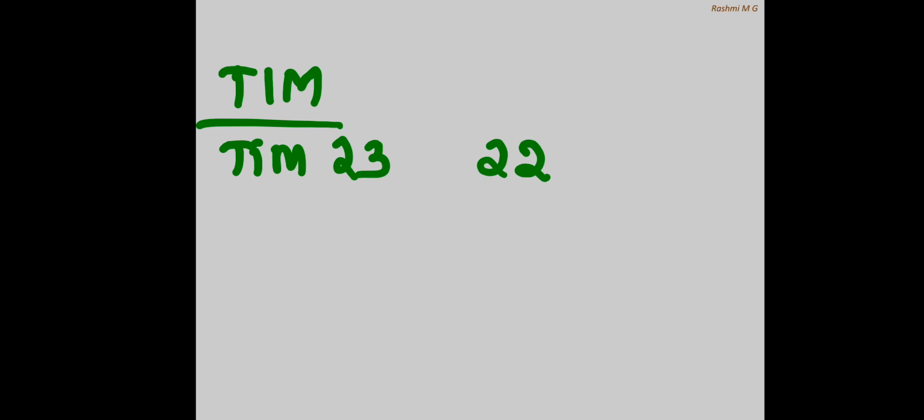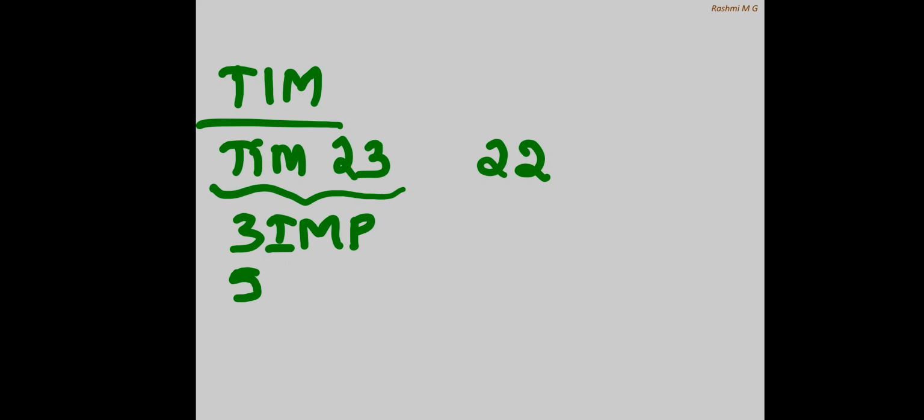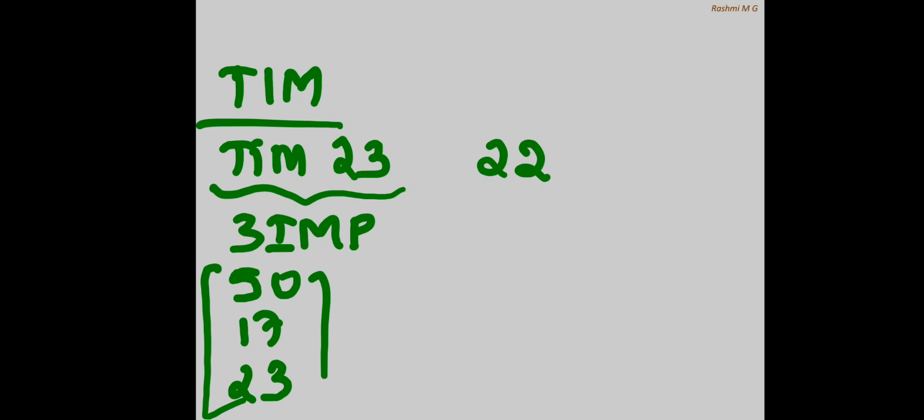Tim 23 complex is formed majorly by 3 essential inner membrane proteins, IMP: Tim 50, Tim 17, and Tim 23. All these inner membrane proteins form the Tim 23 complex.